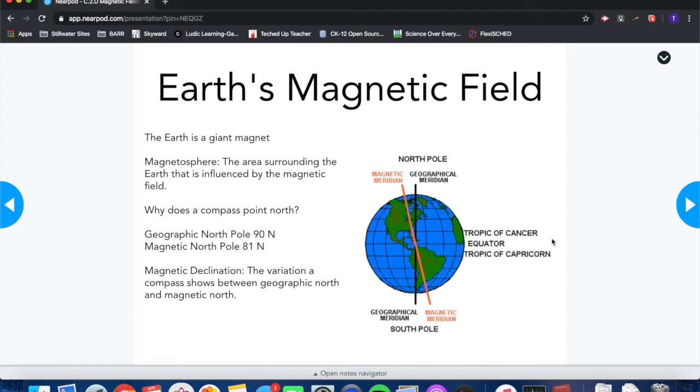Think about the fact that the red point of a compass that points north is the north pole of our compass magnet, and it is pointing towards the pole on the Earth that it is attracted to, which means that it is pointing towards the magnetic south pole of the Earth. What that means is that what we think of as north is actually the south magnetic pole of the magnet.